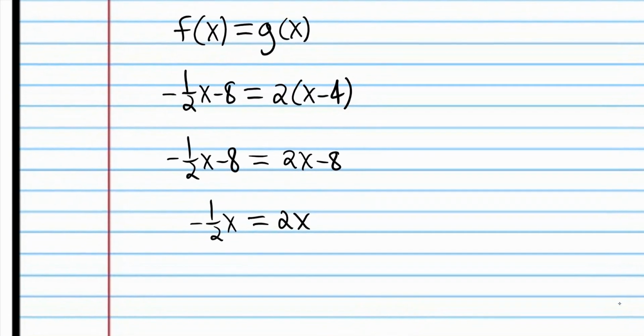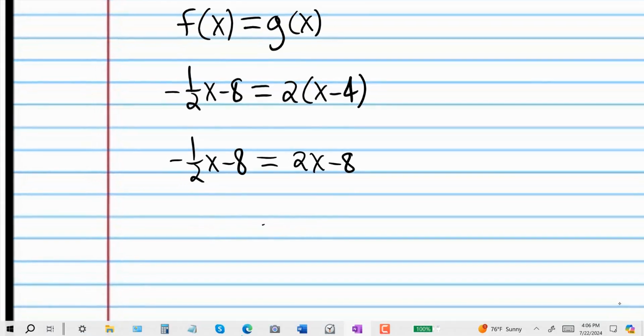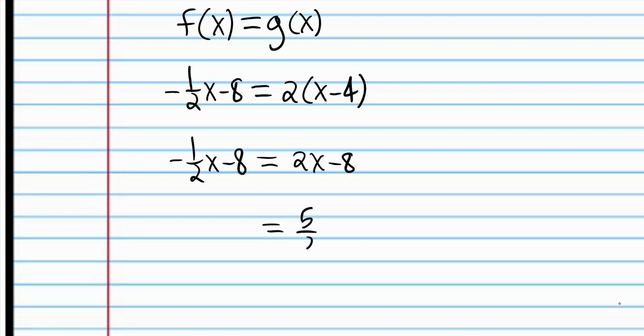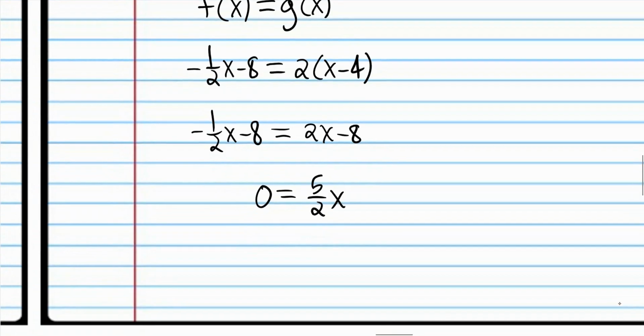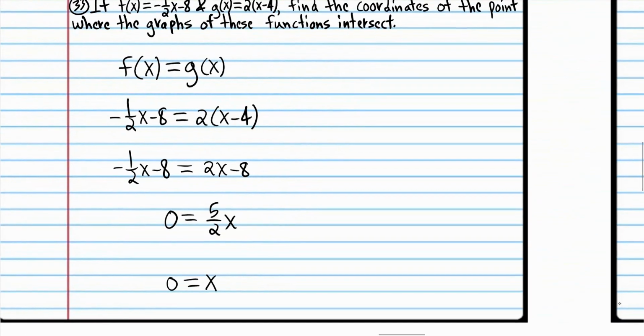And also I'm going to add 1/2 x to both sides of the equation, and I get 5/2 x. So if I put this 8 on the other side, we get 0 over here, and if I put this negative 1/2 on the other side, we get 5/2 x. So you can see that x must be 0 in order for that equation to work.